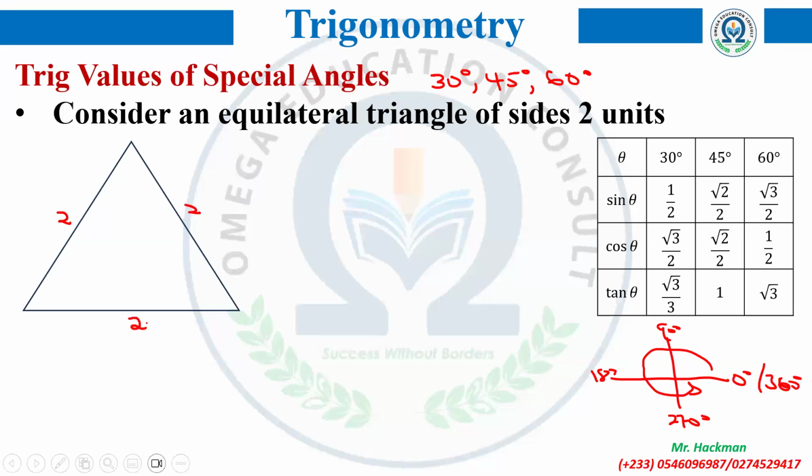Is that clear? Yes, please. The measures of the sides can change. They can be the same throughout, it can be 1 throughout, 2 throughout, 3 throughout, any other value. But the angles will not change. The angles will be the same. So what will be the size of each of the angles in an equilateral triangle?